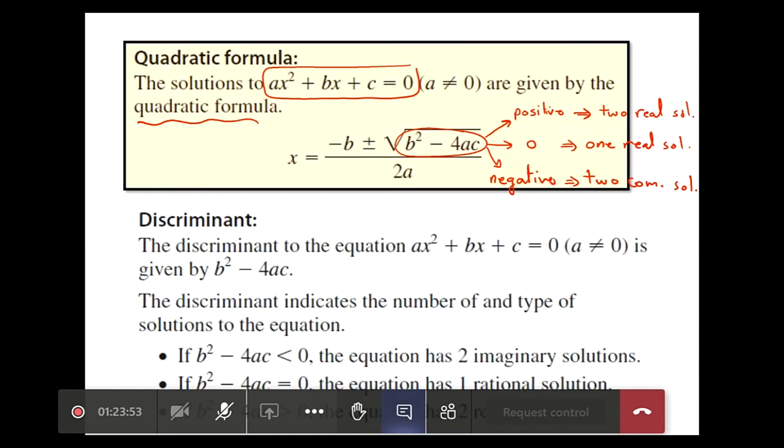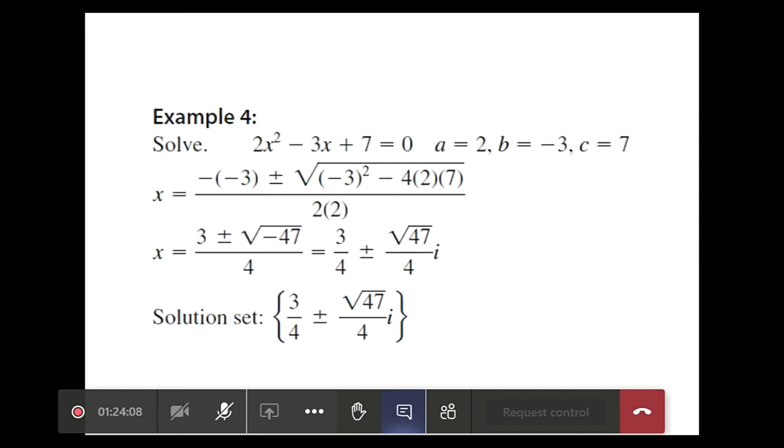Now, okay, this is already described here. The example about this: look, we have here a equal 2, here b equal -3, here c equal 7.